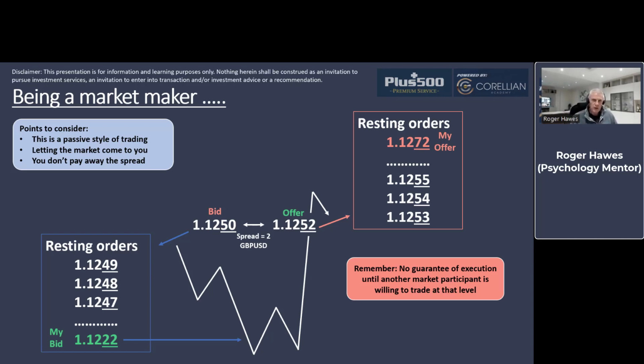And just quite simply there, as we see on a chart, as the market moved back down, if we were that buyer and we managed to put a bid in at 112.22, the market did come to us and we got that trade done, but only at that point when the market came to us. But if we'd been that seller up there at 112.72, even though the market rallied, it still hasn't rallied to that level, and so we have not traded at 112.72. And as daft as this seems, lots of people actually think if I put this order in, I'm going to get traded on. It's not that case.